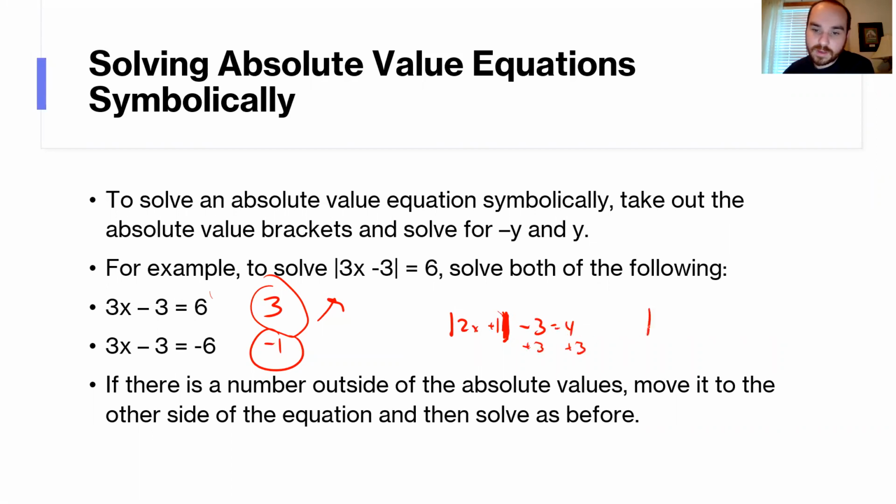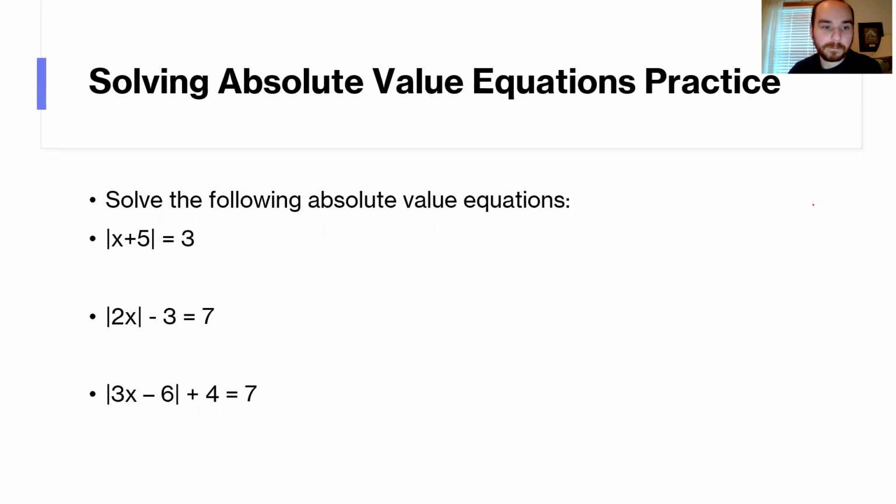And then you have the absolute value of 2x plus 1 equals 7. And then you could solve 2x plus 1 equals 7, and 2x plus 1 equals negative 7. That's 3 and negative 4. So there you go. Let's look at some practice.